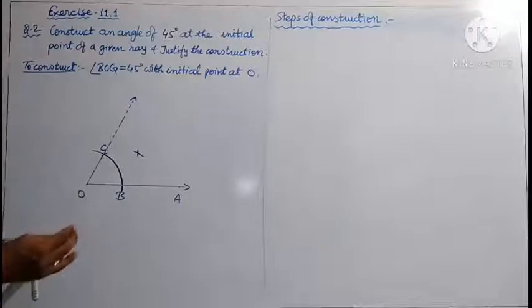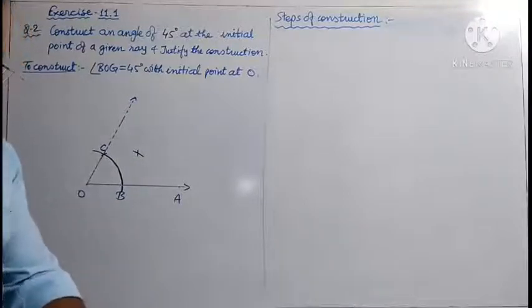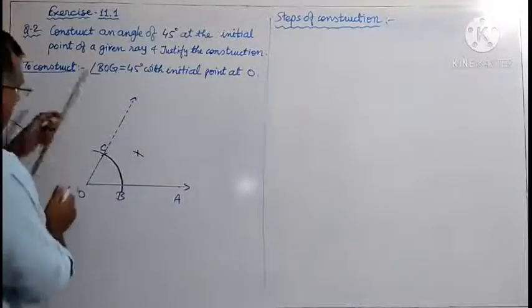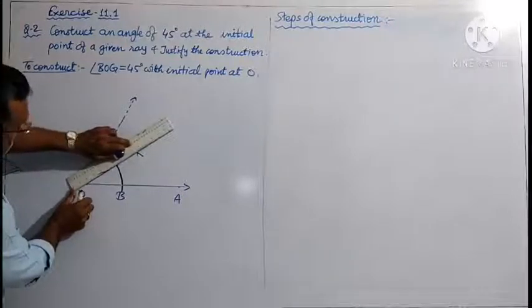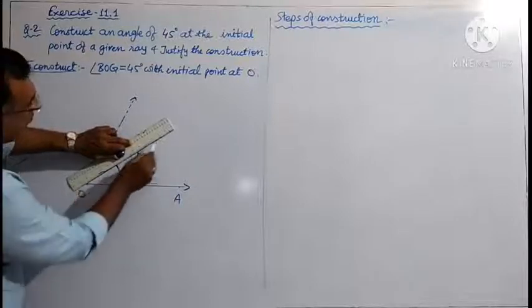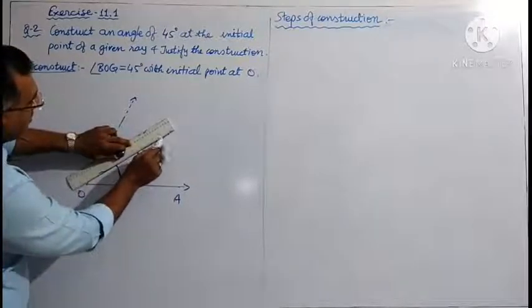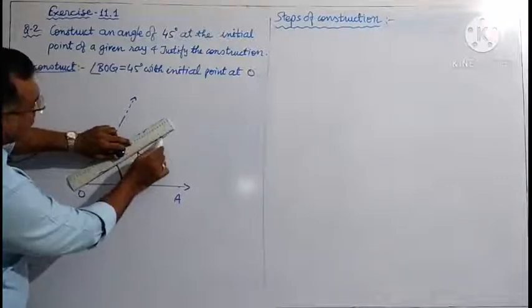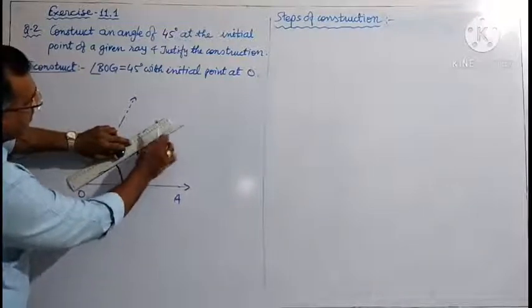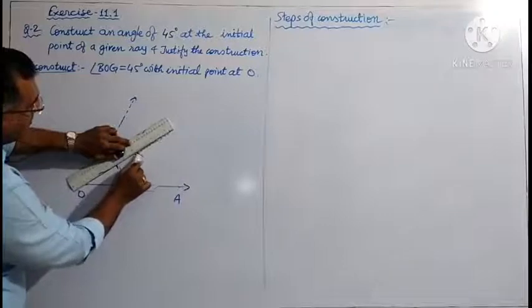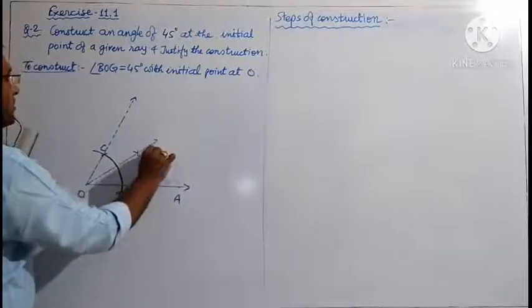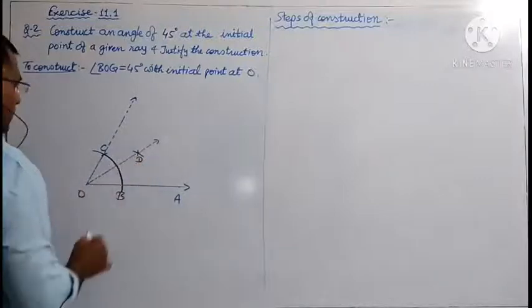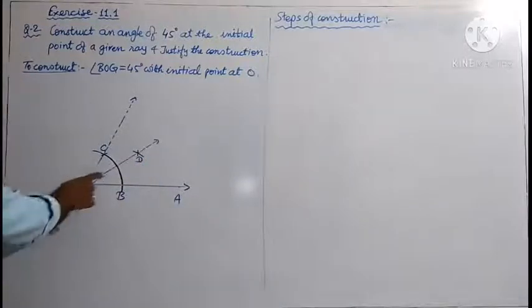Here this is the point D. Draw ray OD, bisector of angle BOC. Now as it is a bisector, it measures half of 60, and that is 30 degree. So both the angles are now 30 degree.